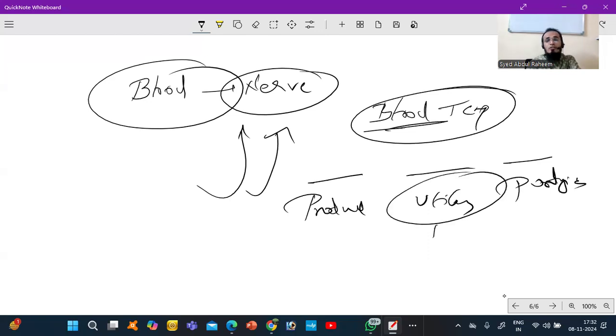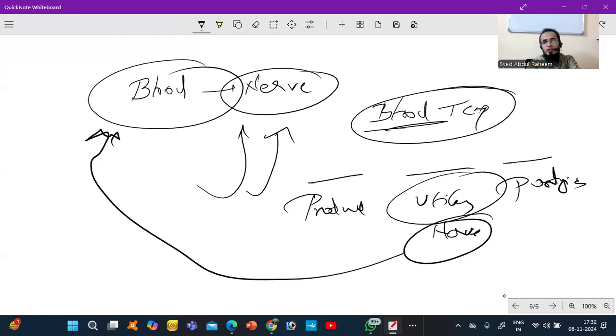So nerves are utilizing blood, which means there is no proper nourishment in the body, and due to that the utilization is not happening. So why is the utilization not happening? Is the problem in the nerve itself, or is the production not there?